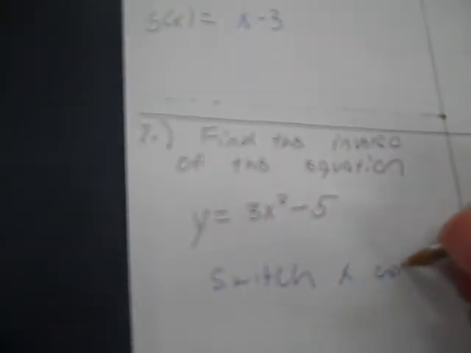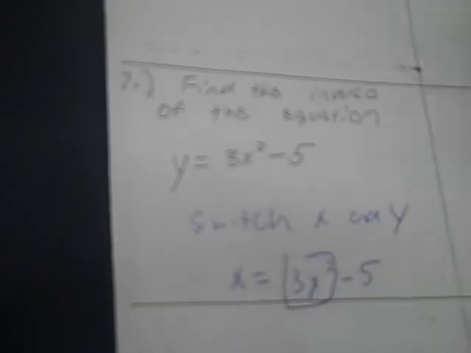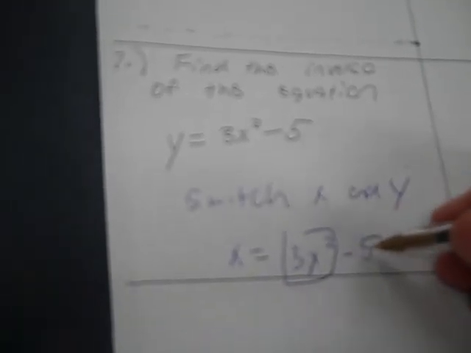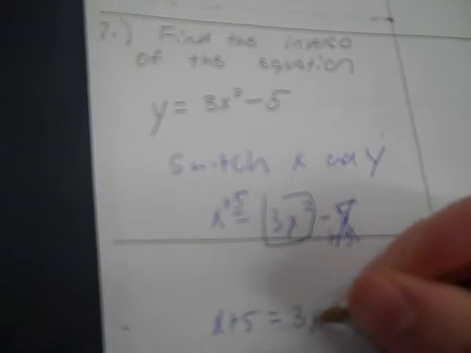Okay, find the inverse of the equation. First, you switch x and y. So x equals 3y to the second power minus 5, and now you isolate the y. Undo the minus 5, so plus 5. So I have x plus 5 equals 3y to the second. Now, does y have a multiplier in front? Yeah, it does.